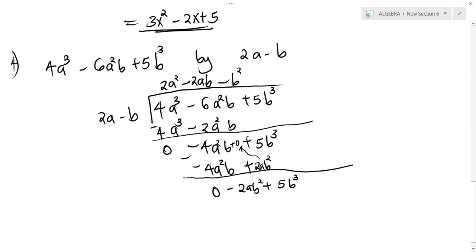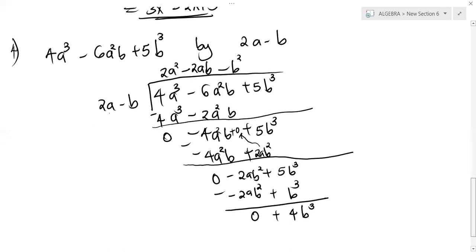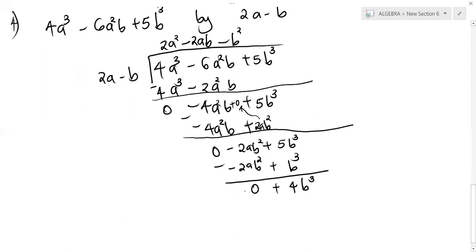Using minus b squared to multiply the whole of this will give us minus 2ab squared and plus b cubed. Subtracting those two terms, this and this will give us 0. 5b cubed minus b cubed will give us 4b cubed.